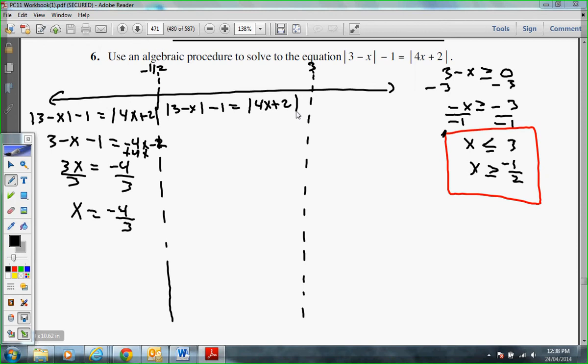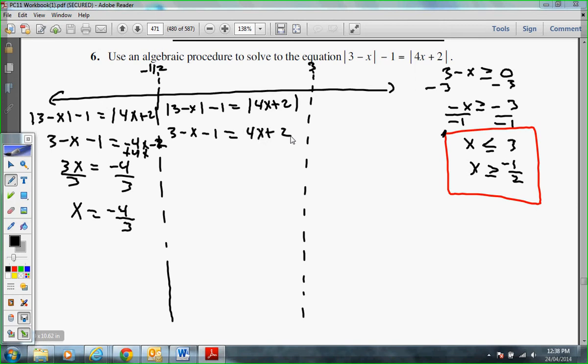Okay, so again, is this area less than or equal to 3? It is. So this stays normal. Is this area greater than or equal to -1/2? It is. It's bigger than -1/2. So that stays normal.